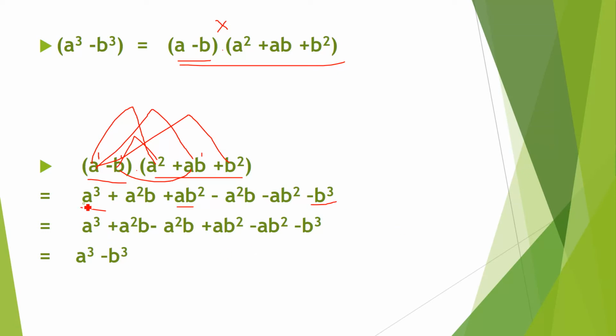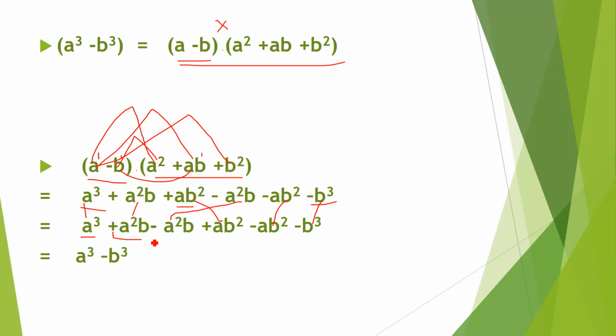Now we have to arrange. So see, a cube will remain the same. We do not have any more a cube, so it will remain the same. Then plus a square b is here, and then the a square b with minus sign we will bring here. This is ab square here, minus ab square here. B cube will remain here because we do not have any more b cube.